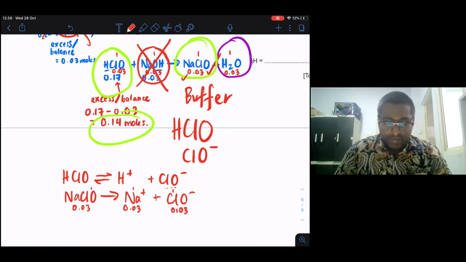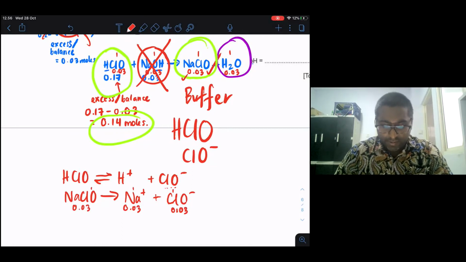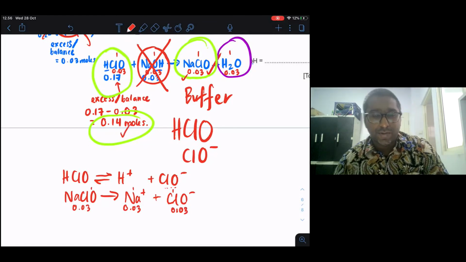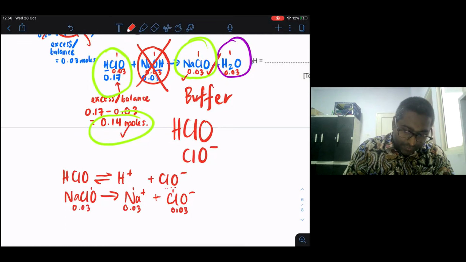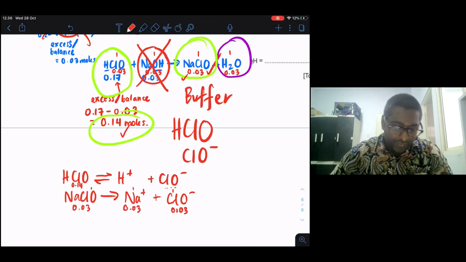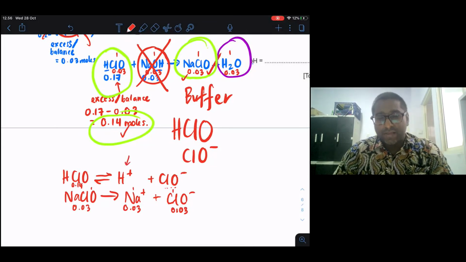And the number of moles of HClO, the balance leftover after reacting with the NaOH, is 0.14. That's the initial concentration of HClO. We need to find the concentration of H plus to be able to calculate the pH of the buffer.